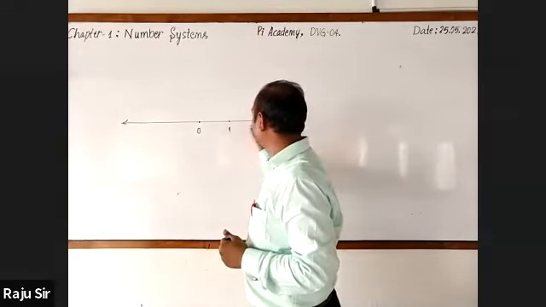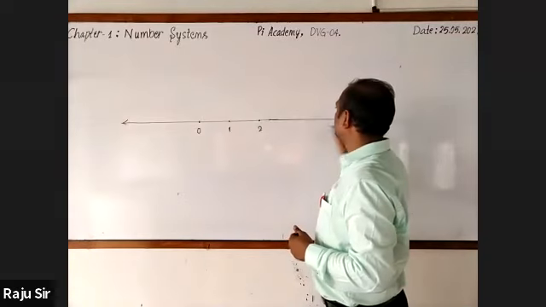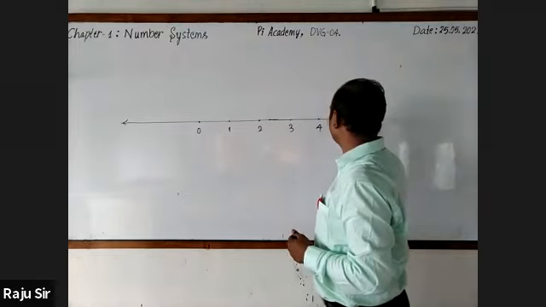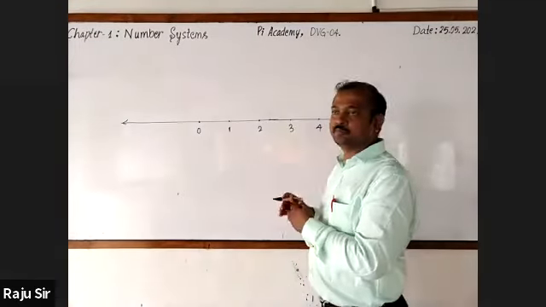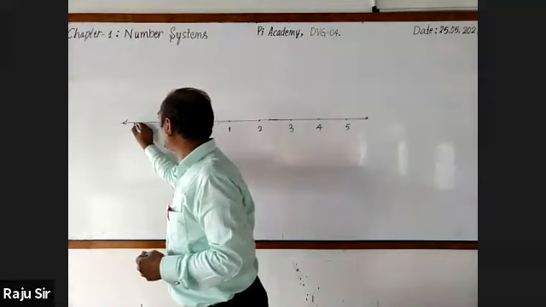Here 0, here is 1, here is 2, with unit distance, here is 3, positive 4, positive 5, and so on. And the left side of 0 are negative numbers. Negative 1, negative 2, and so on.